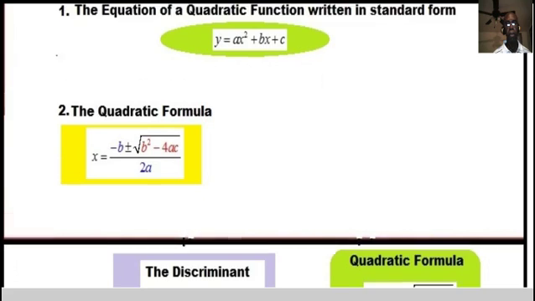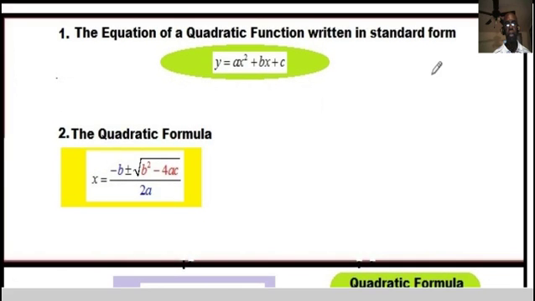Let us look at the equation of a quadratic function written in standard form. The equation of a quadratic function, written in standard form, is y equals ax squared plus bx plus c, where a, b, and c are constants, which are some numbers given in the equation, and a is not equal to 0.